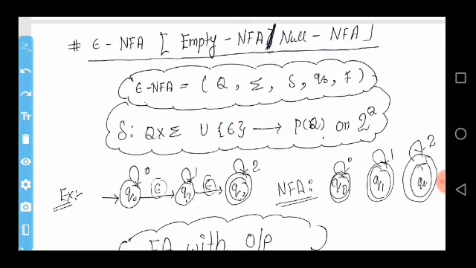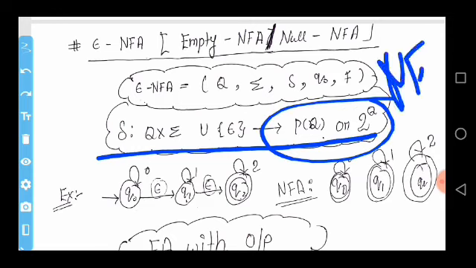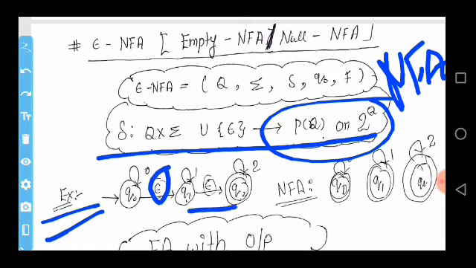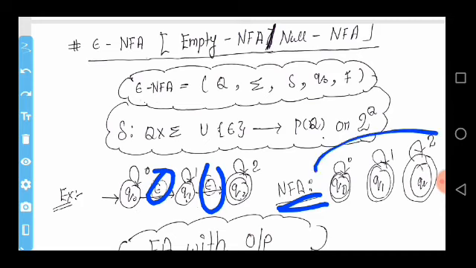And the transition diagram of null NFA is also similar to NFA. From the given example, it is clear: when we give the input string between Q1 and Q0 as well as Q1 and Q2, it represents your null NFA, but it is converted into your NFA by removing the null transitions, and then it becomes like this.